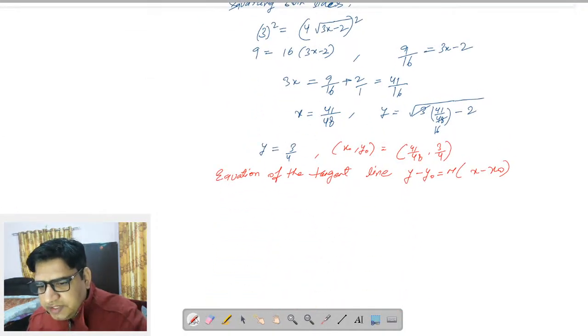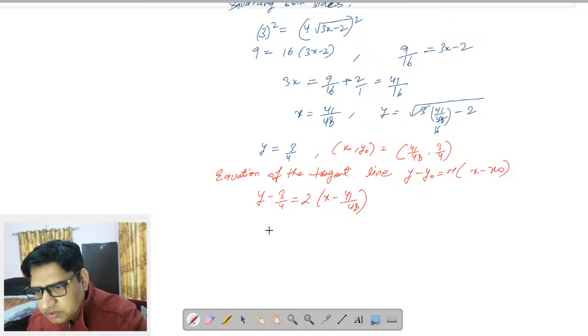So here we get y minus 3 by 4 is equal to 2 times x minus 41 upon 48. Okay, solving it further, that will result in y minus 3 upon 4 is equal to 2x minus 41 upon 24. Okay, and we can simply write it down.